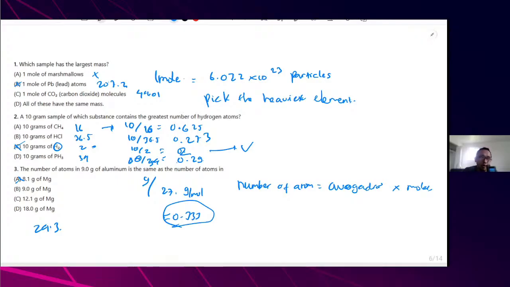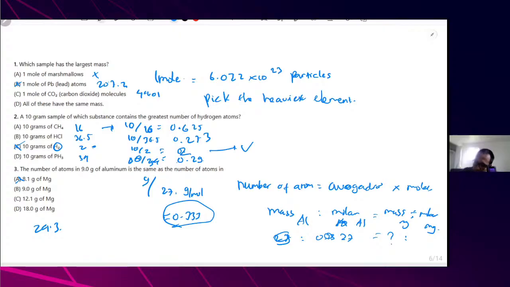So the shortcut tip, trick: you can use the molar mass of aluminum and the mass of Mg, and set a proportion with the molar mass of Mg. The mass here is 9, the molar mass is 27, and this one is what we need to find out, and the molar mass is 24.3.